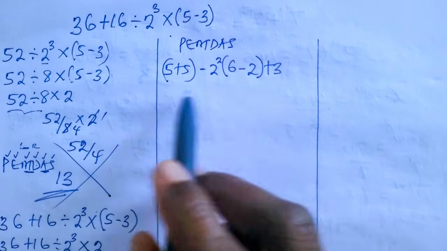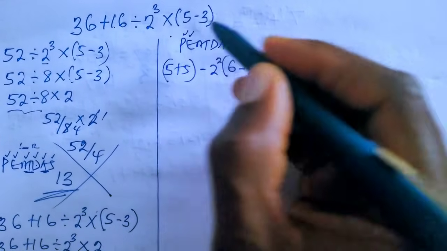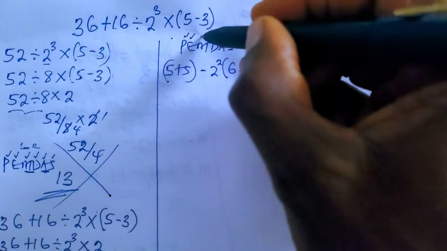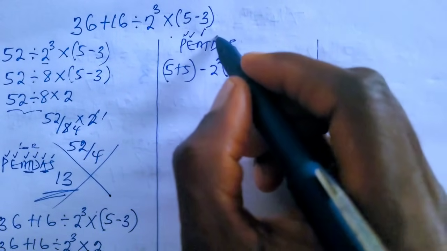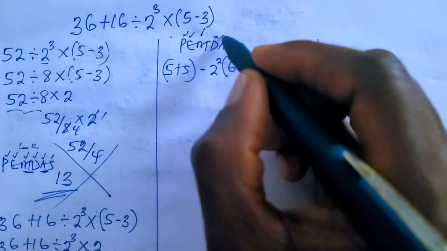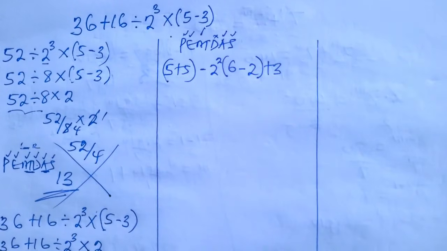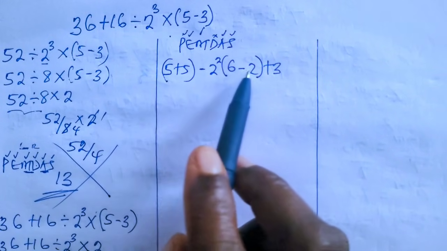Now, in this expression here, there are parentheses, we have exponents, we have multiplication because of these parentheses here, and we don't have division, we have addition and subtraction. Then, right here first, we are going to consider the parentheses.